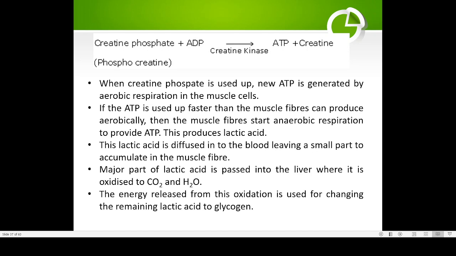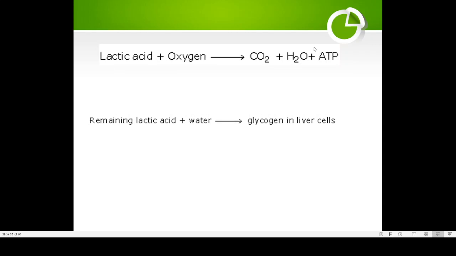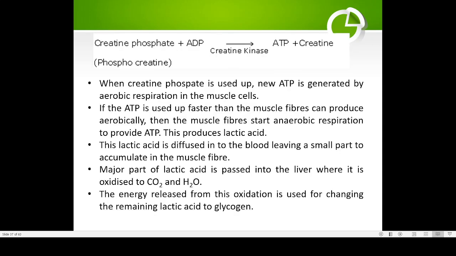Here also you can see what is happening. The ADP will be combining with creatine phosphate, recreating the ATP again, and for that an enzyme known as creatine kinase will be utilized, and ATP will be recreated along with the creatine molecule. So this is the chemistry behind muscle contraction.